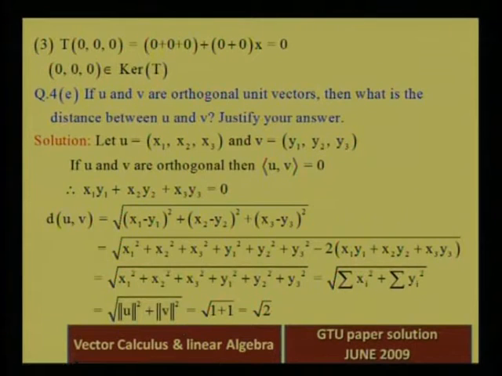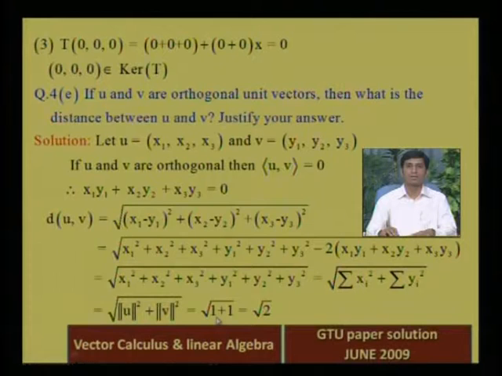Now because u and v are unit vectors, that means what? Norm u is equal to 1, and norm v is also equal to 1. So using that property, we get under root 1 square plus 1 square, that is equal to under root 1 plus 1, that is equal to under root 2.